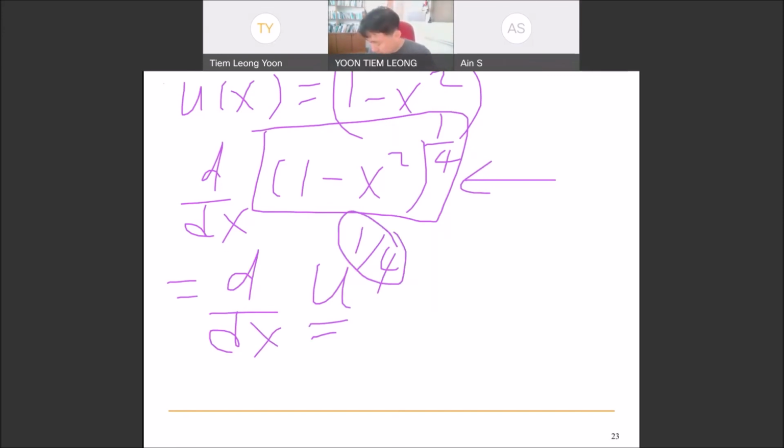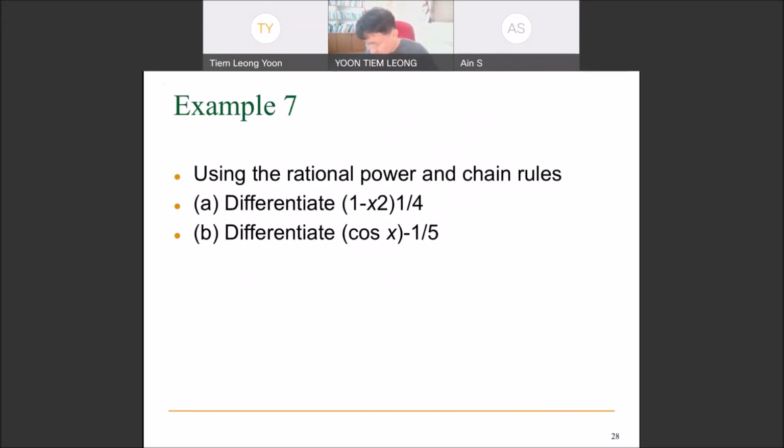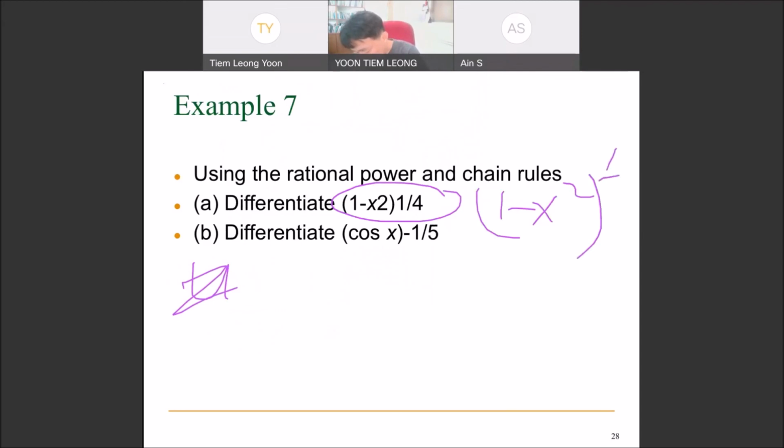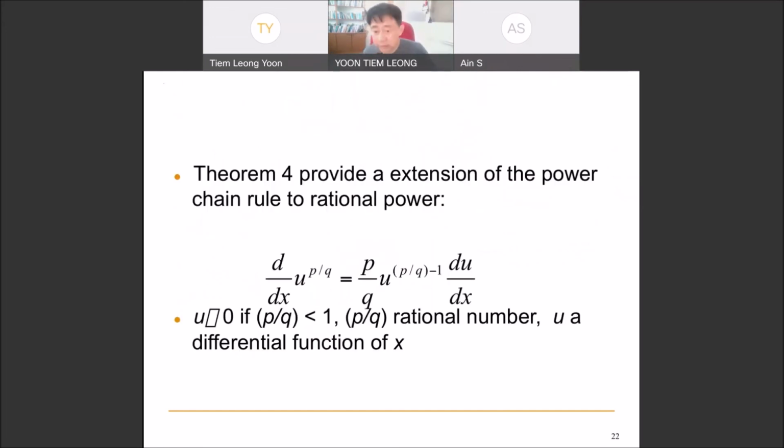So by doing that, the question we are trying to solve, 1 minus x squared raised to the power 1/4, the d/dx of this function is now re-expressed into a more convenient form, d/dx of u raised to the power 1/4, so that we can then use this formula.